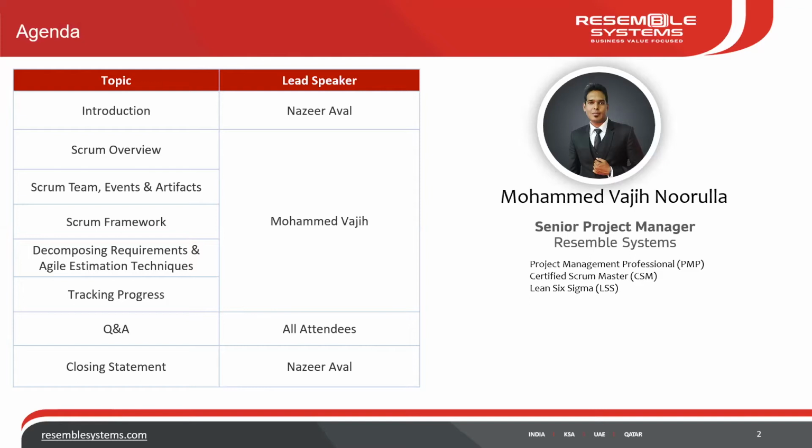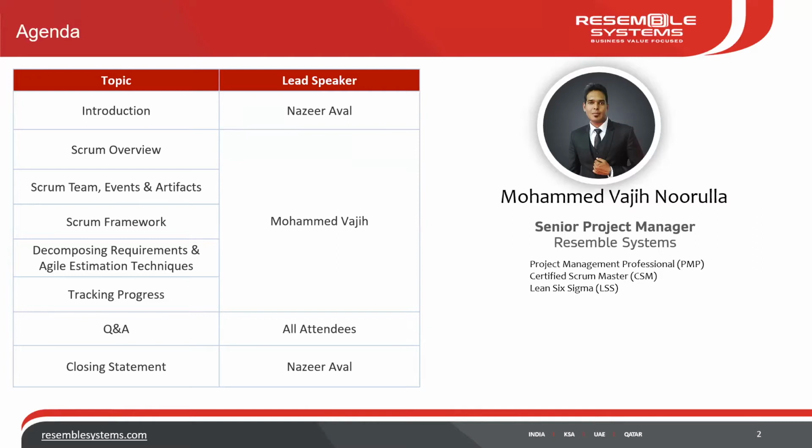So today's topic is very specific on what is Agile Scrum and how Agile Scrum can be used for managing your teams, your events, and your assets related to your projects. What exactly the Agile Scrum framework is, is very important for all of us to understand.